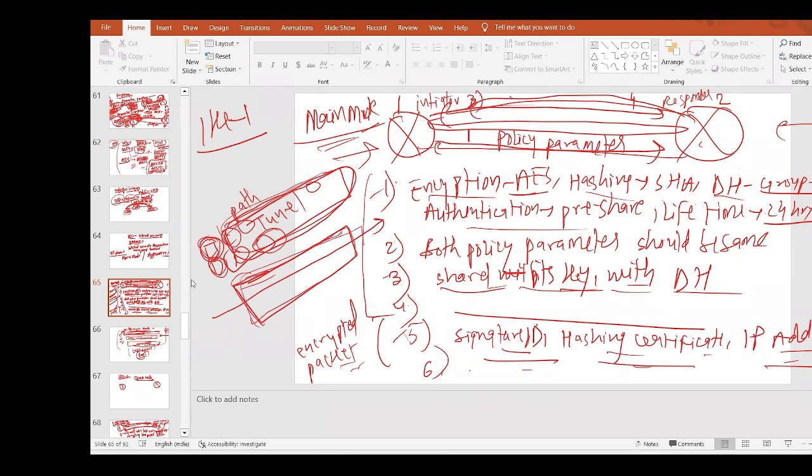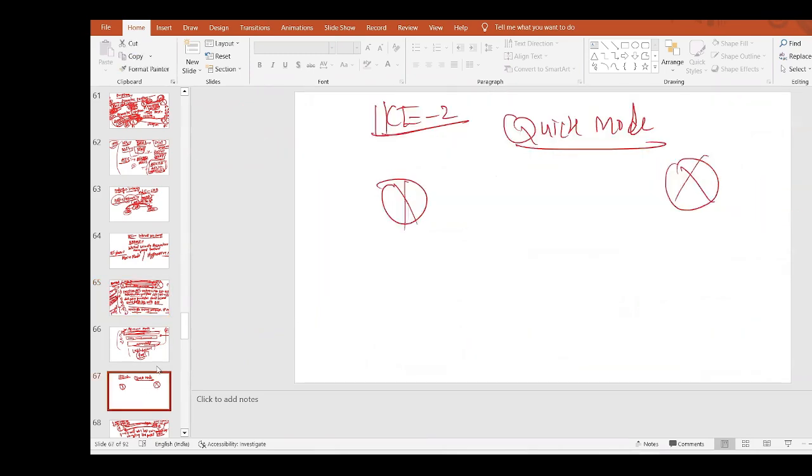That is the tunnel for phase 1. Now, if the packet is going through this tunnel, phase 2 is for securing the data. Phase 1 is not for securing the data. Phase 1 is for securing the way, securing the road from where the traffic would pass. Phase 2 is for securing the data.